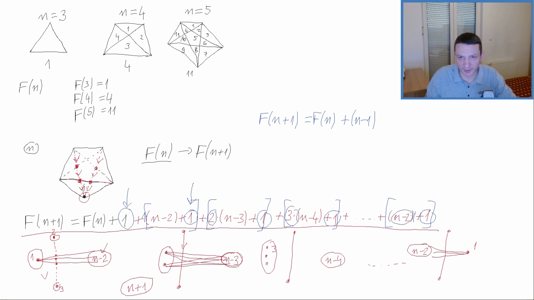And also we have another sum obtained by this: 1 times n minus 2 plus 2 times n minus 3 plus 3 times n minus 4 from here, plus until the last term, which is n minus 1 times 1. Okay, now I can erase something here.